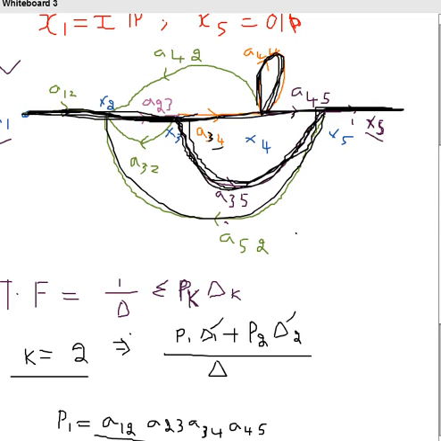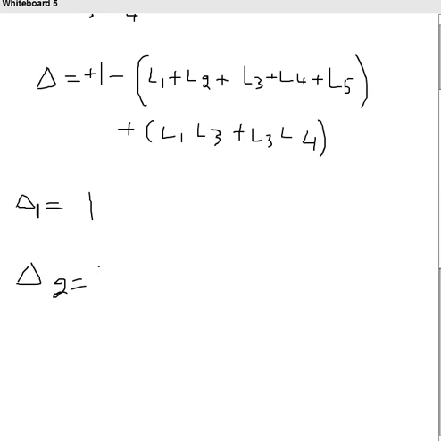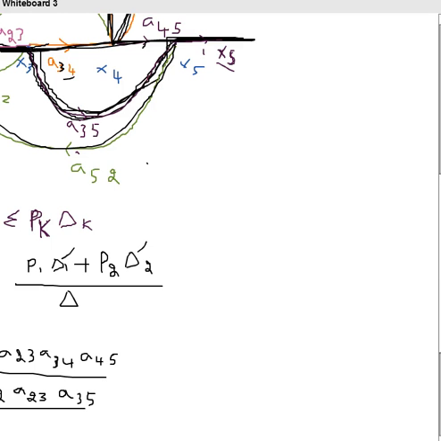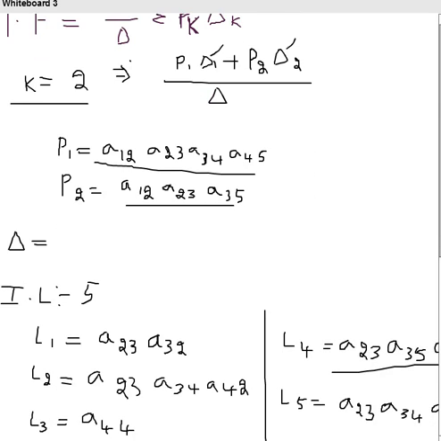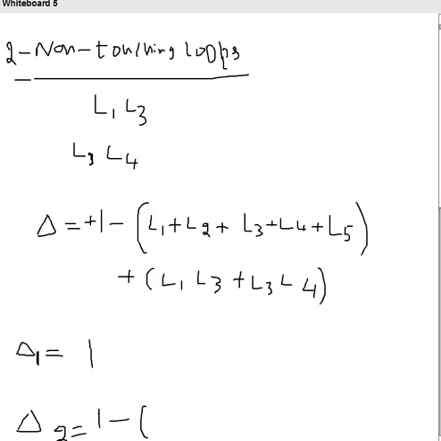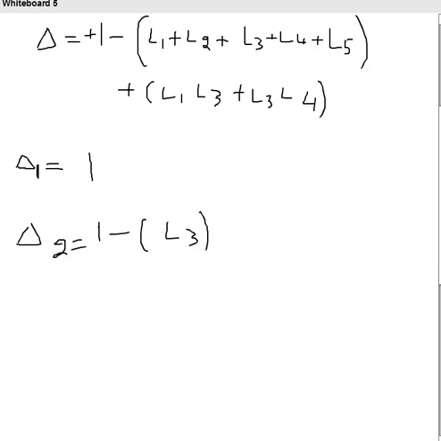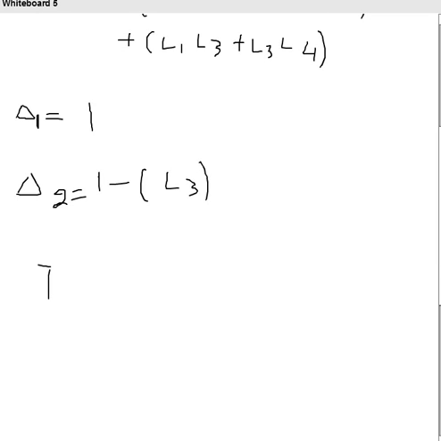So A44 is not touching this forward path. So 1 minus, A44 is L3. Remaining all is touching. So I have to take which is not touching the second forward path. So 1 minus L3.